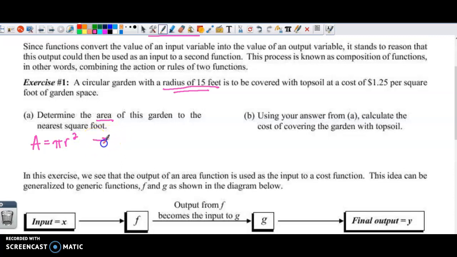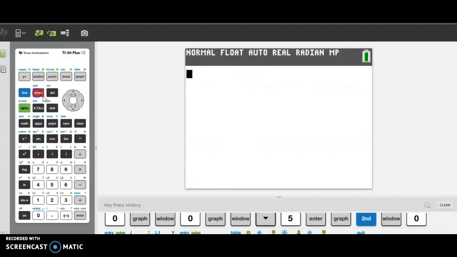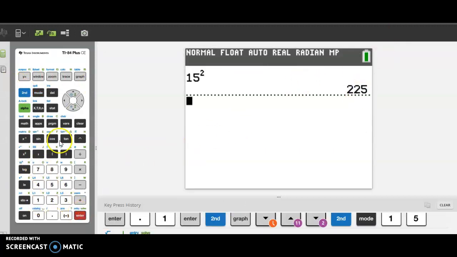So if you replace r with 15 in that problem, the area would be pi times 15 squared, which is 225 pi. And it's asking you to round to the nearest square foot. Just a quick expectation for you guys: if you didn't know that 15 squared is 225, you can use a calculator, especially when I expect you to use the pi key, which is found by pressing second and then the caret button.